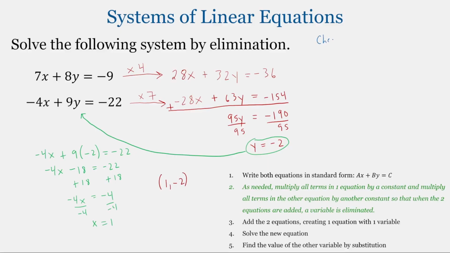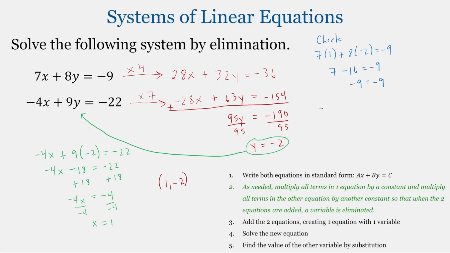So checking our answer, we'll have 7 times 1 plus 8 times negative 2 equal to negative 9. So this is 7 minus 16 equal to negative 9. And we have negative 9 equal to negative 9. So the first equation works.